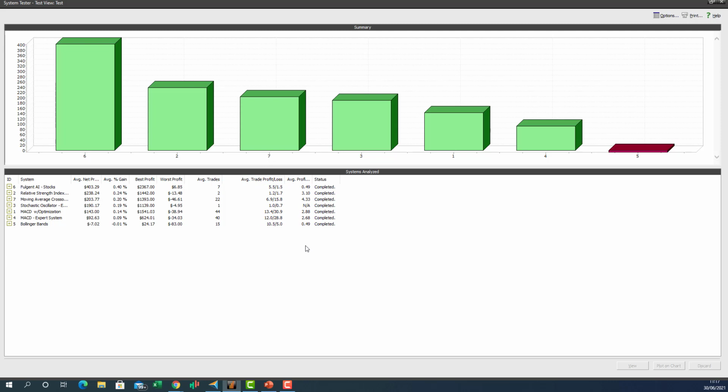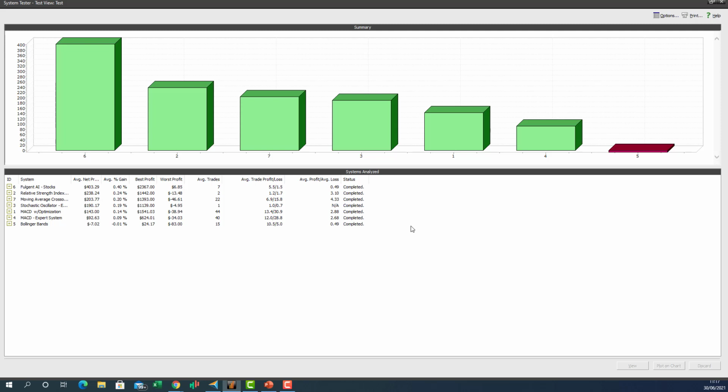Average trade profit versus loss ratio, 5.5 for the Fulgent AI. The second one was the relative strength index trading, 1.2 with a 1.7, not particularly good. And then the last column is average profit versus average loss, 0.49, 3.10, 4.3 there for the moving average crossover.